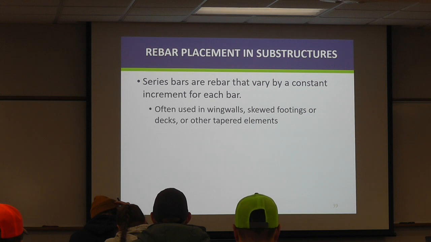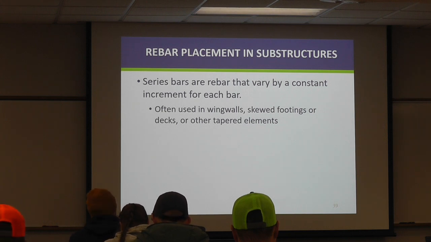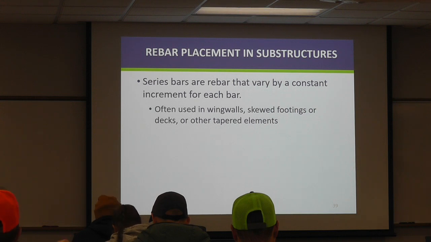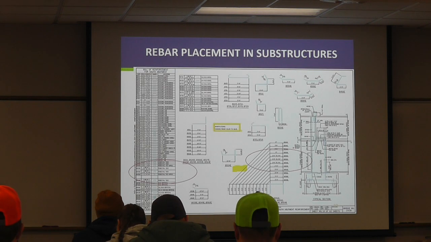Rather than detailing every bar to say, okay, this bar is 17 foot 6 inches, this bar is 17 foot 2 inches, this bar is 16 foot 10, whatever, we're going to just say we have 10 bars and they go from 15 foot 0 to 12 foot 0 and that equal spaces. So we'll look at an example.